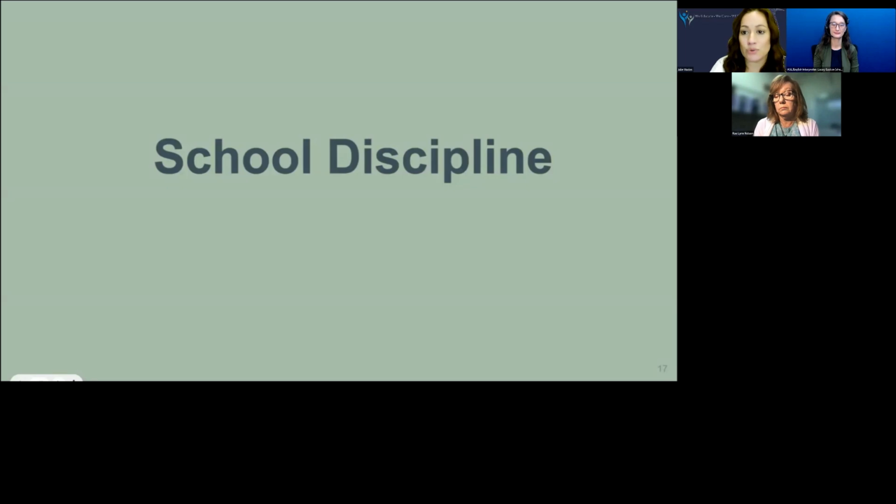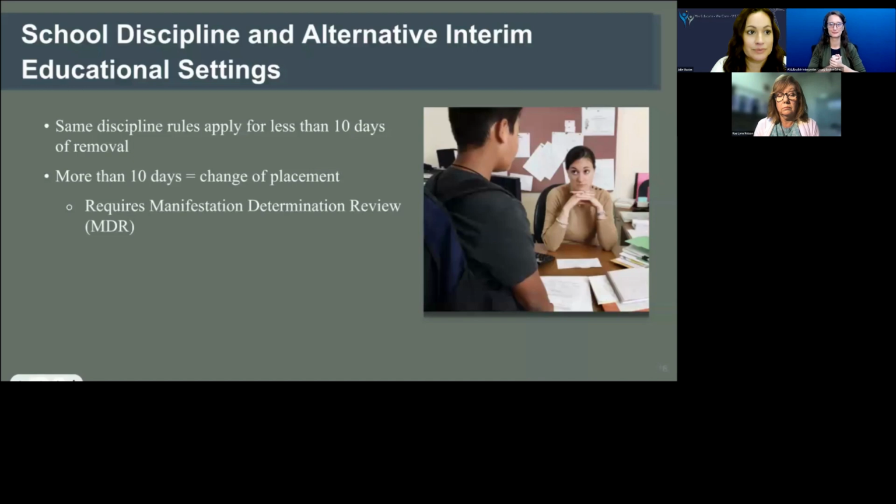Next, we're going to jump into school discipline. Okay. Students eligible for special education under IDEA have special protections related to school discipline. School personnel may apply the same school discipline consequences for students with disabilities as they would use for non-disabled peers when the disciplinary removals have exceeded 10 days.